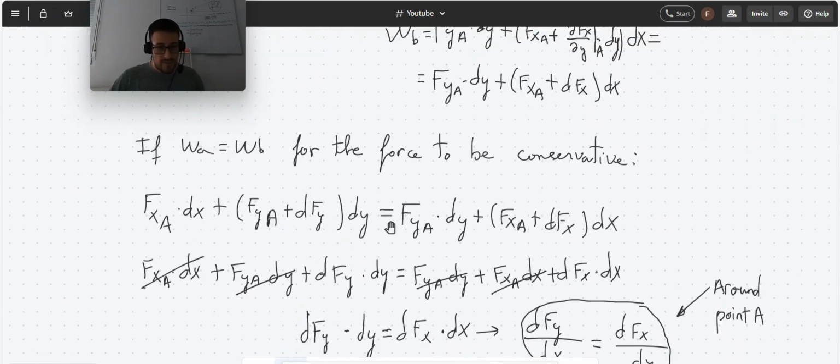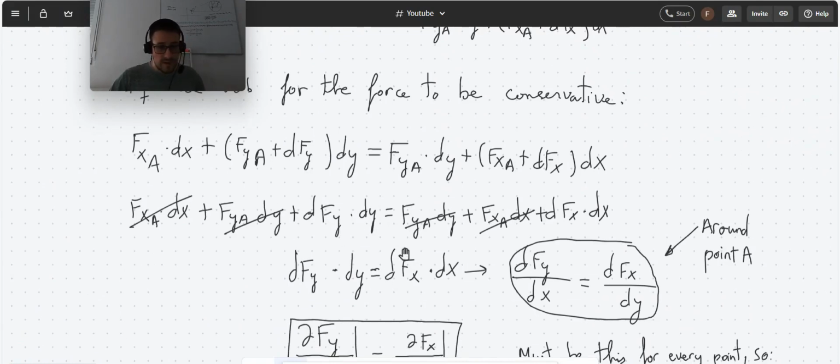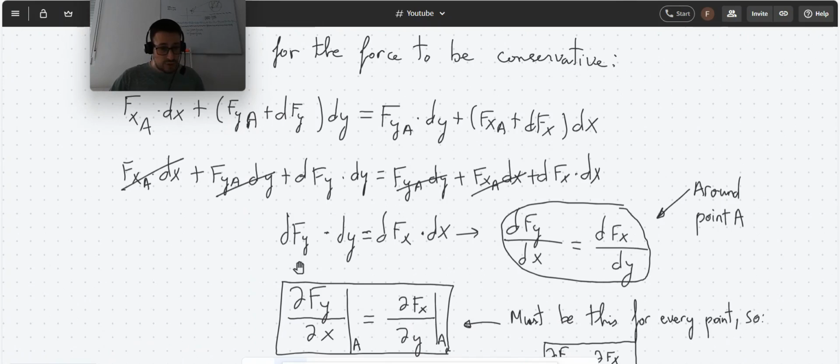This is the work A and this is the work B. If you develop this a little bit, you will end up with that expression here. This is the condition that must be met in order for a force to be conservative around the point we are studying, which is the point A, the starting point.